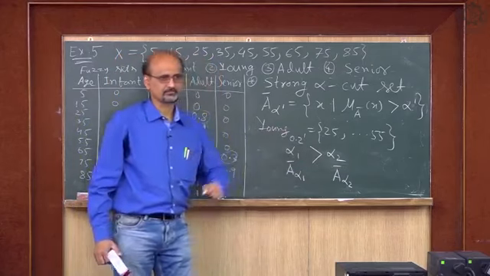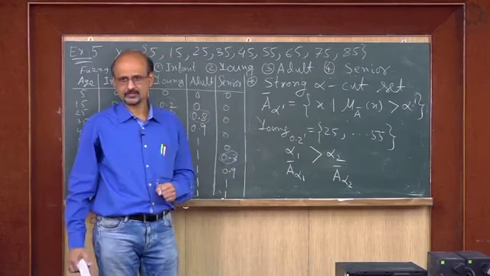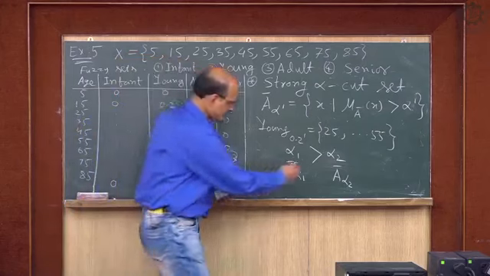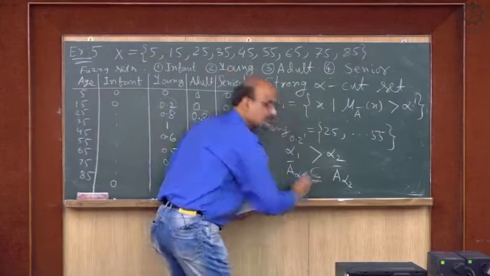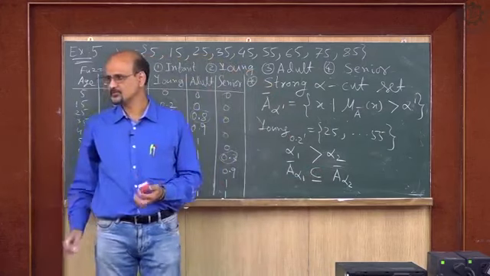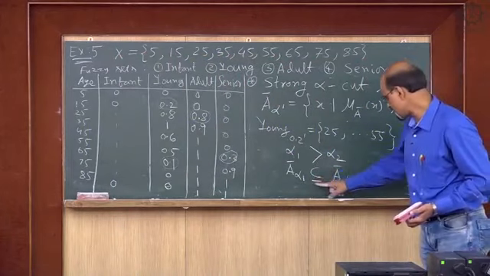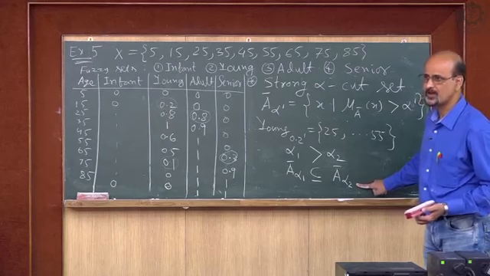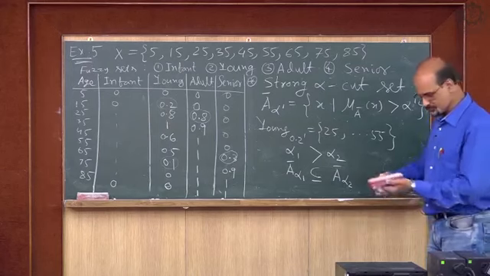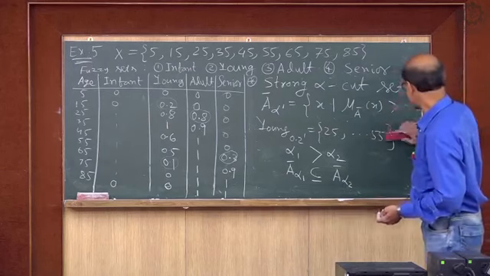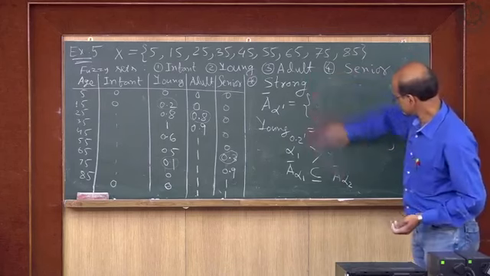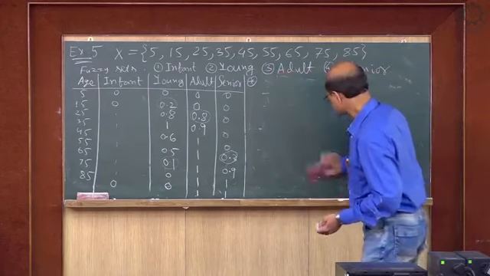What should be the relation? It should be a subset. Understood? If alpha 1 is greater than alpha 2, then A bar alpha 1 is a subset of A bar alpha 2. This we can very well see by a figure.